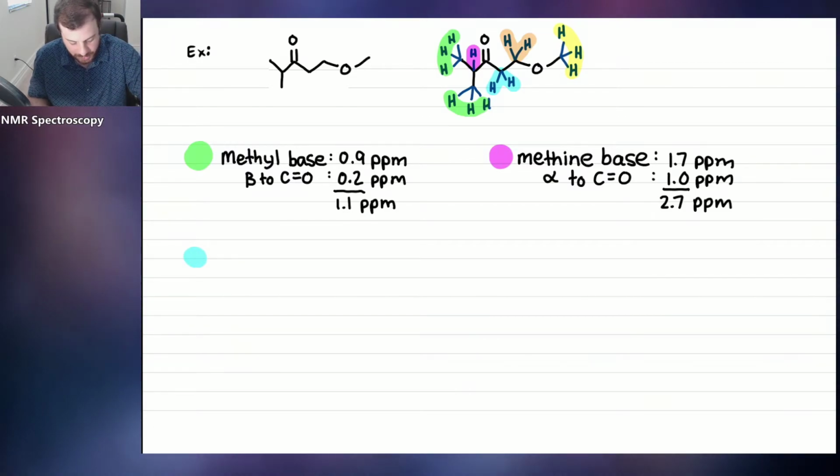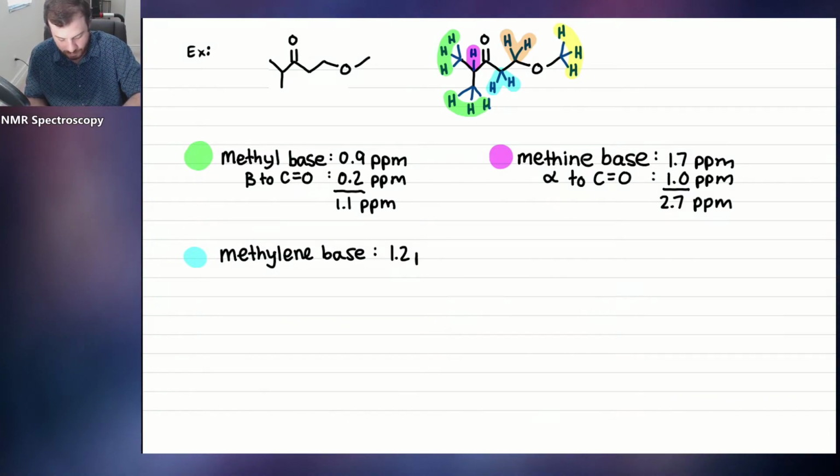The blue protons are part of a CH2 group. That's the methylene base. The methylene base is 1.2 ppm. And this methylene group is alpha to the CO double bond, and so that's plus 1.0 ppm.